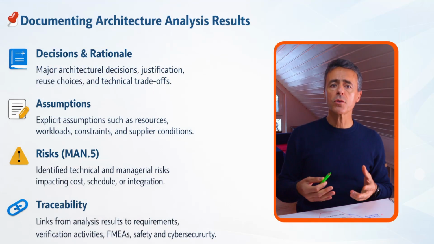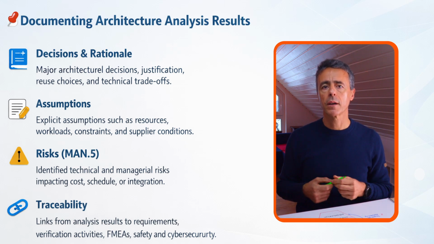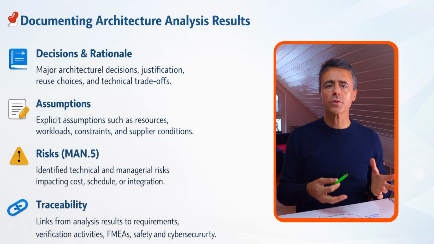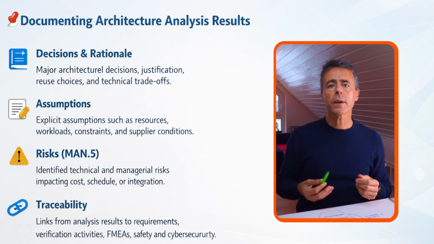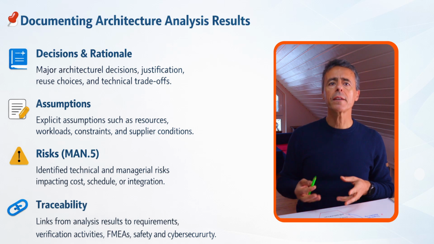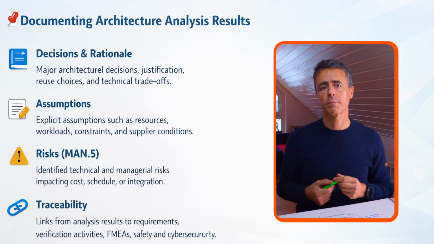Start with decisions and rationale. Clearly record the major architectural decisions and the reasons behind them. Reference proven architectures, reuse decisions, and technical trade-offs. Typically, these results are either a part of the architecture documentation itself or linked from it.